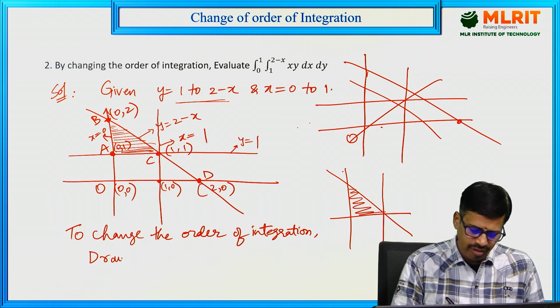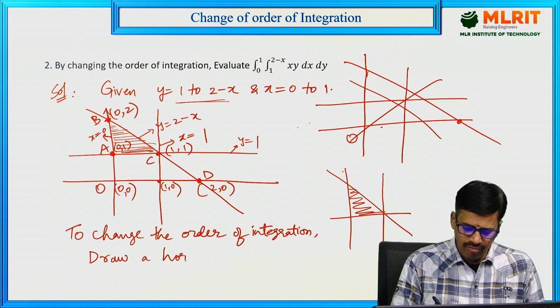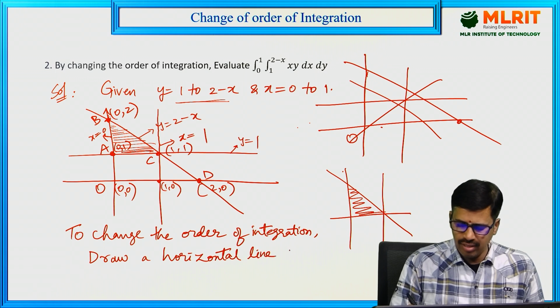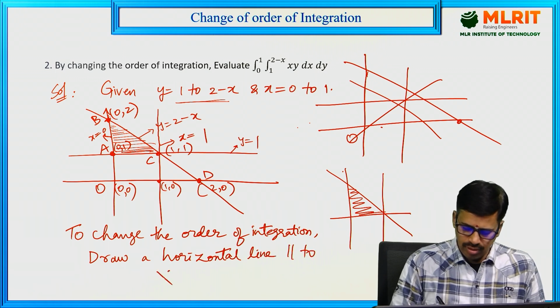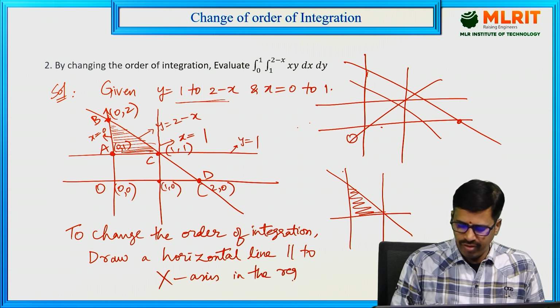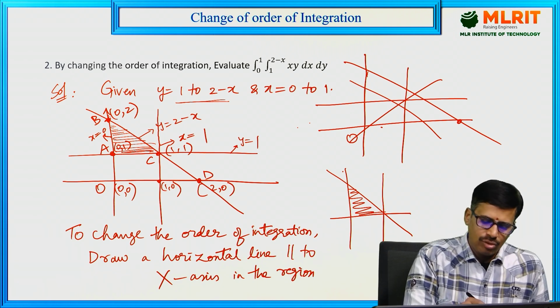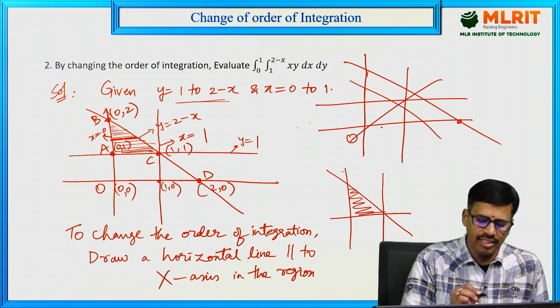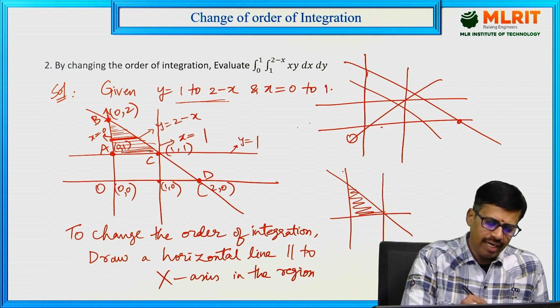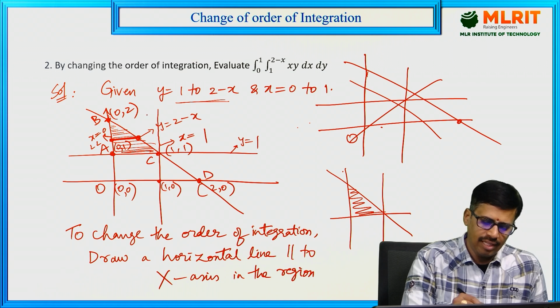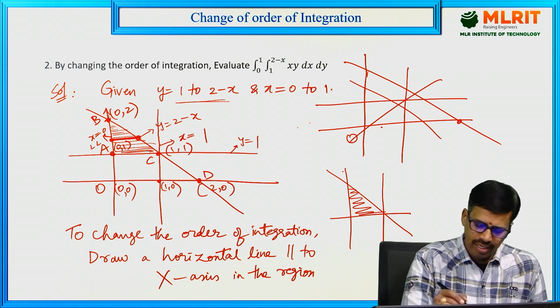Draw a horizontal line which is parallel to x axis in the region of integration. So first let us draw a horizontal strip or a horizontal line in this region. One end point touches the y axis, another end point touches the line y equal to 2 minus x.